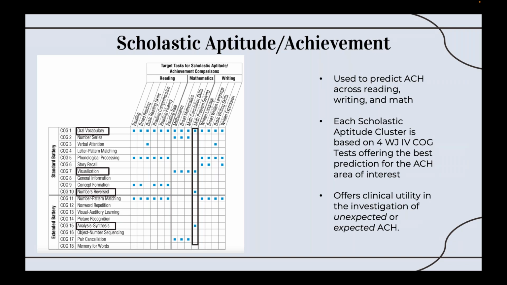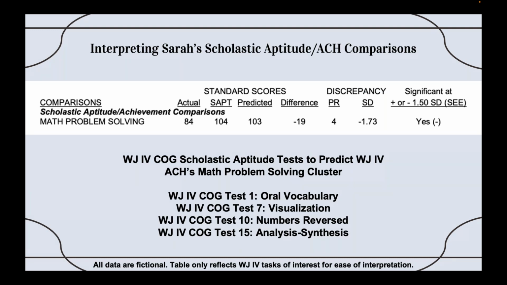I'm going to take you all through an example to make this more concrete. So here's just one scholastic aptitude to achievement comparison that I want to walk you all through. There were some other data, but for ease of interpretation, I've only included this one piece. And I'm going to walk everyone through column by column because there is a new column that is unique to the scholastic aptitude comparisons.